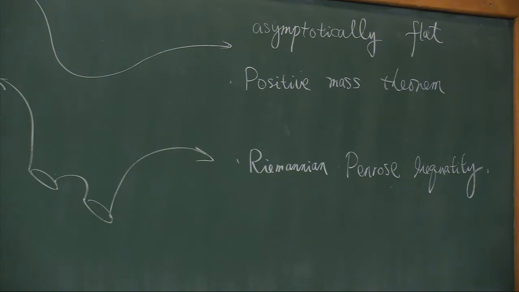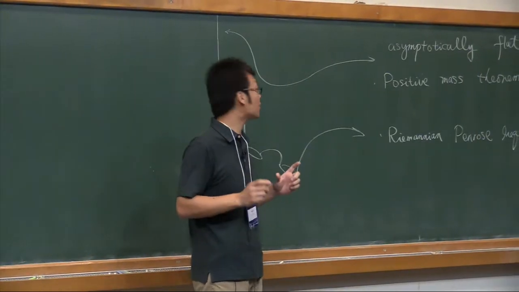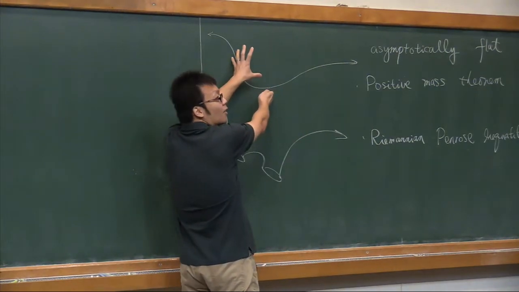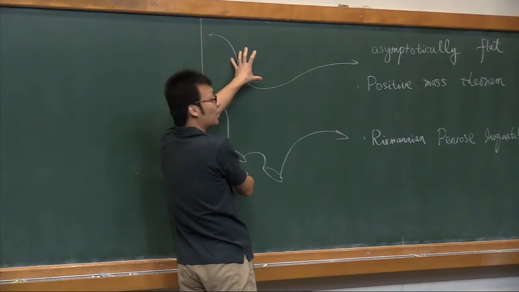In this talk, I'm going to focus on manifolds which are compact and have boundary. Now, physically speaking, one wants to think of those compact manifolds with boundary to be part of a non-compact asymptotically flat manifold.